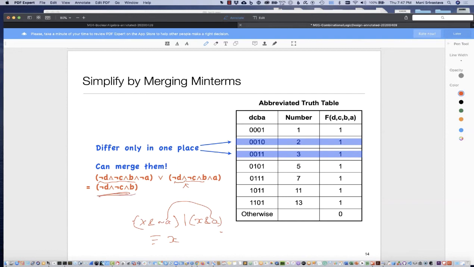So where I had 2 4-input AND gates, now I have 1 3-input AND gate. Because remember, in our original one, each one of these rows corresponded to an AND gate of 4 inputs each. And now I have replaced 2 of them by a smaller AND gate.